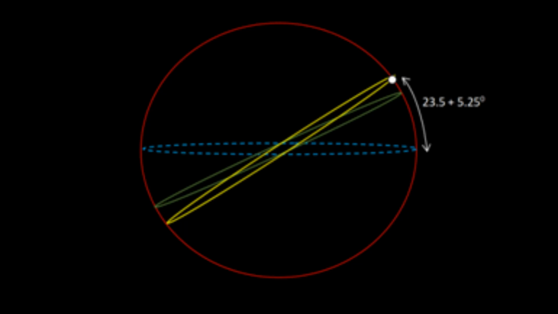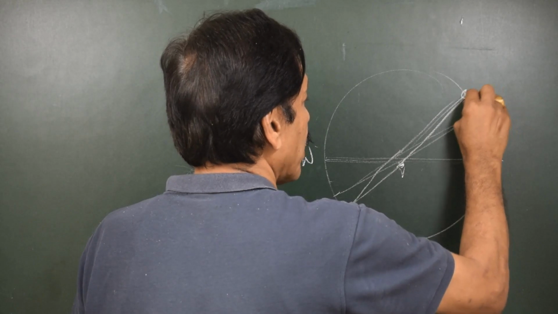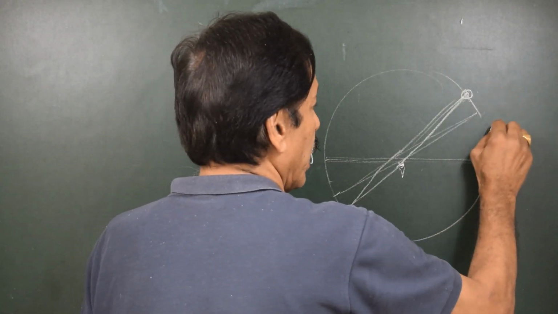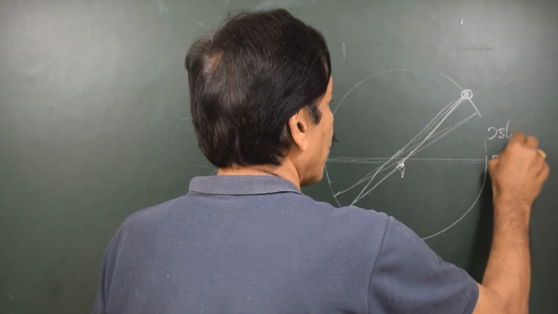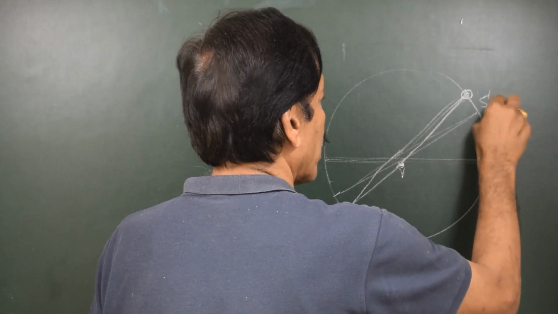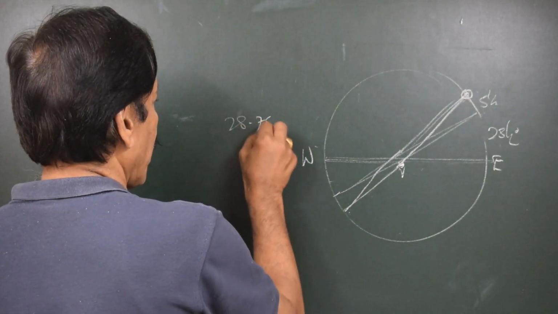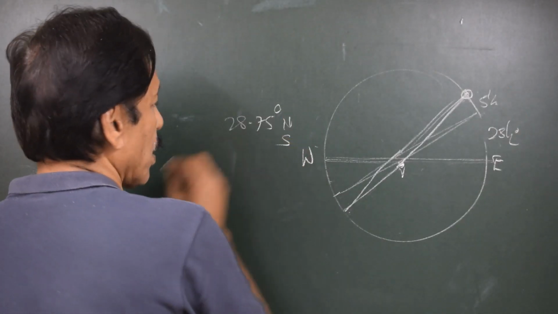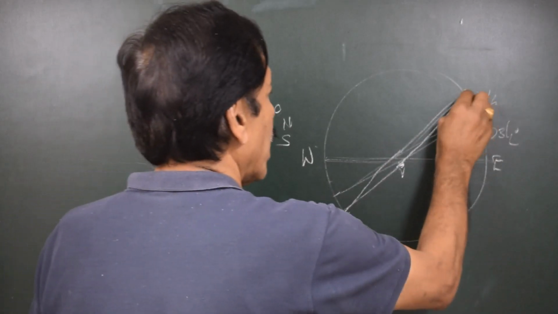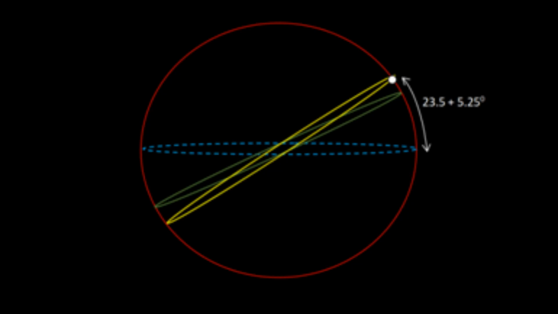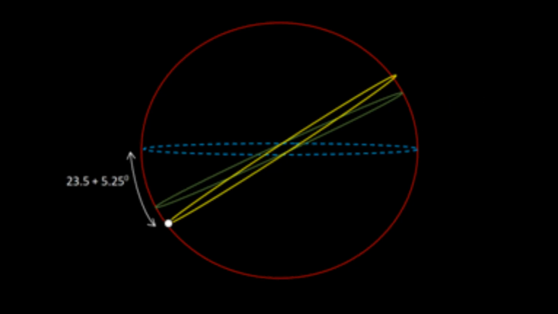If that happens, the maximum declination in that particular lunar month is going to be 23.5 degrees plus 5.25, that is 28.75 degrees north as well as south. So the moon reaches this point, which is 28.75 from the equinoctial, and the same thing in the southerly declination.